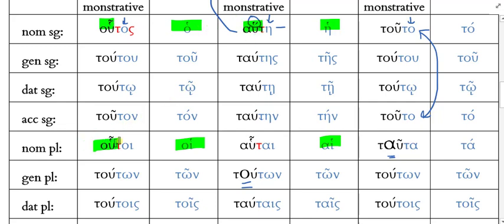And when we have the lack of tau, we always have what kind of breathing mark? It's always rough. So it's either tau or a rough breathing mark. Okay? The difference, though, is that the articles, when they have rough breathing marks, never have the accent, right? And in these forms, they get the rough breathing and they get the accent mark, too.